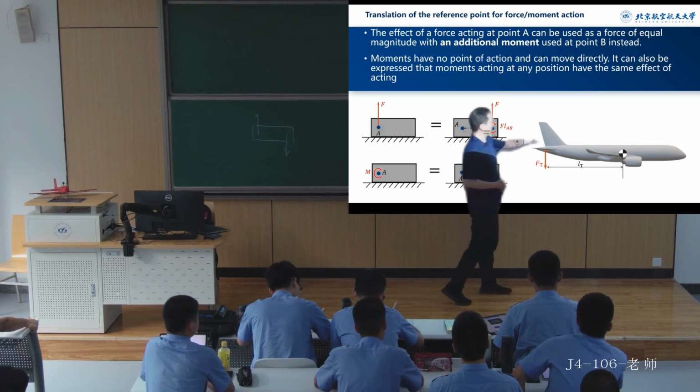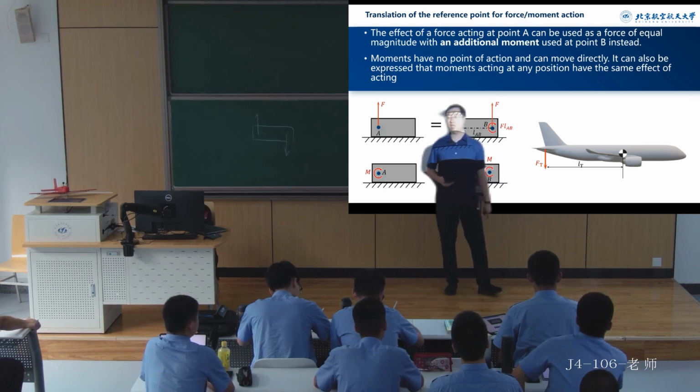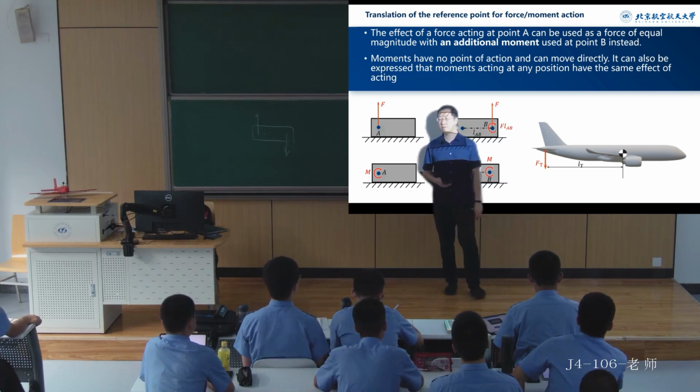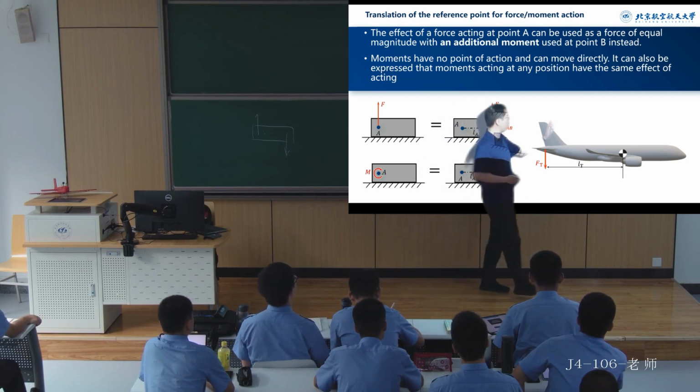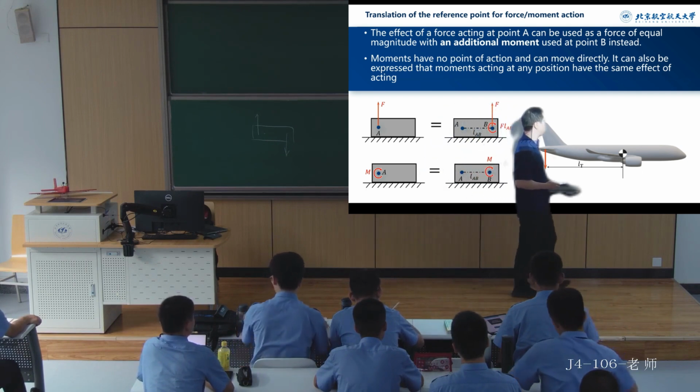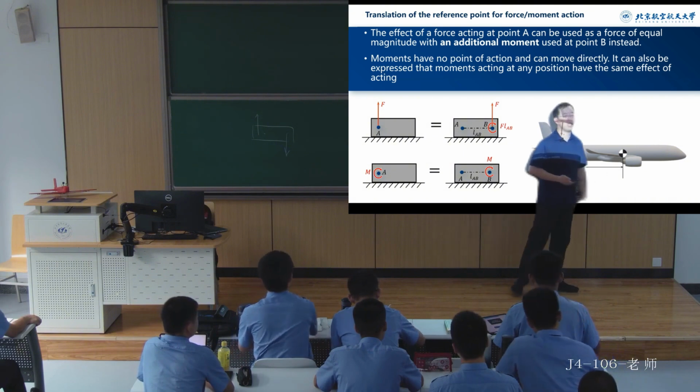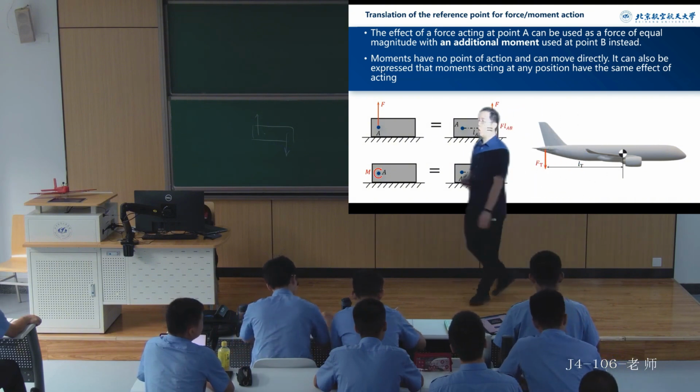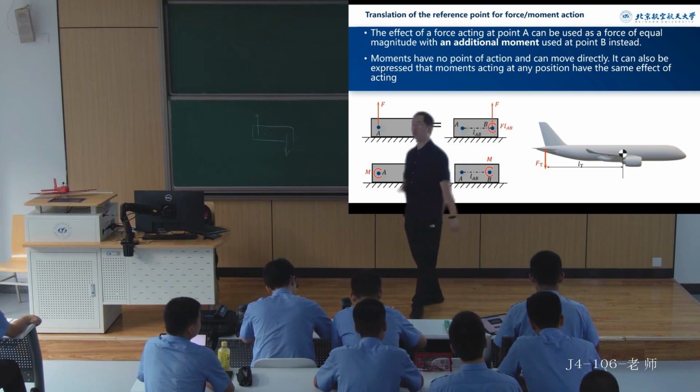Let's consider analyzing the effect of lift on the wings. All right. So at this point, when the plane's wings apply an upward lift force, what is the effect on the plane's center of gravity as a reference point for the plane's movement?